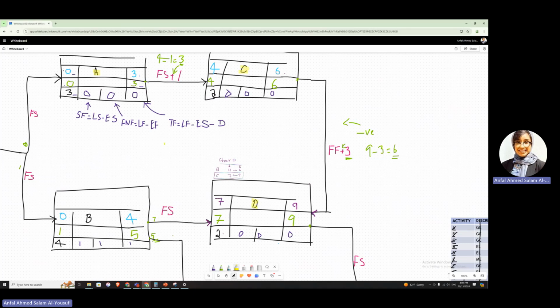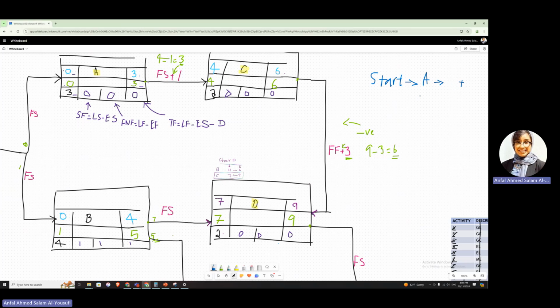So when we're writing our critical path, in this case, it will be start, then we are going to take A, we are going to take, sorry, not B, C, because B is not in the critical path.